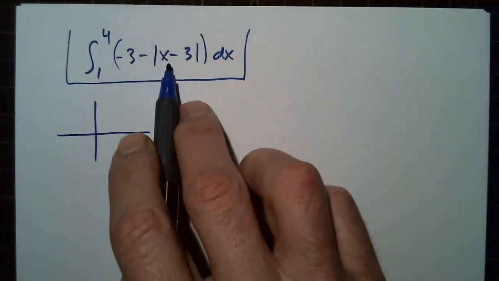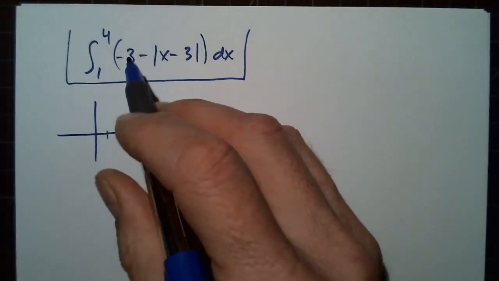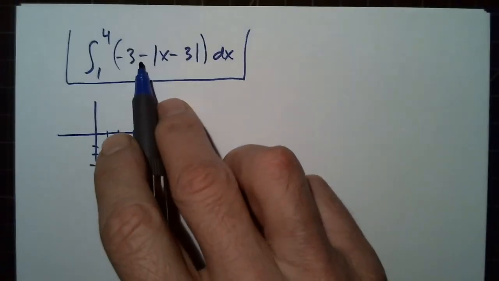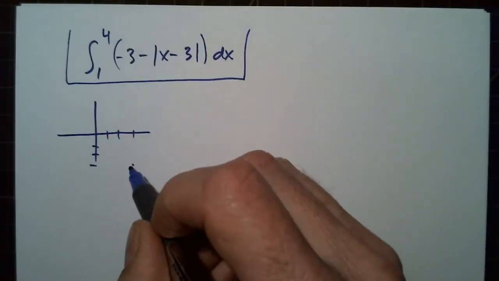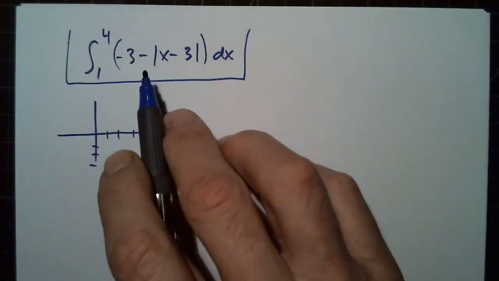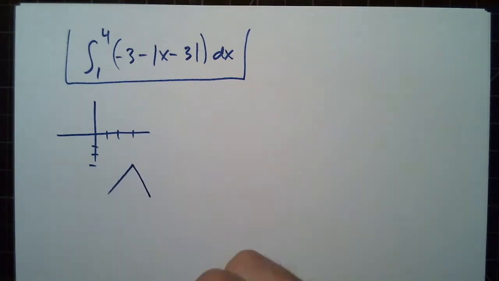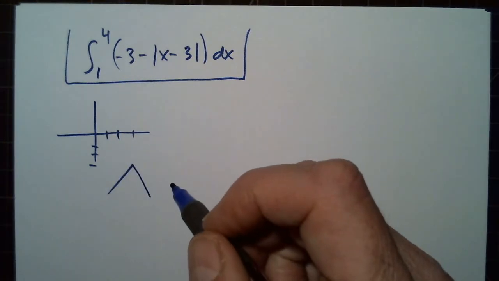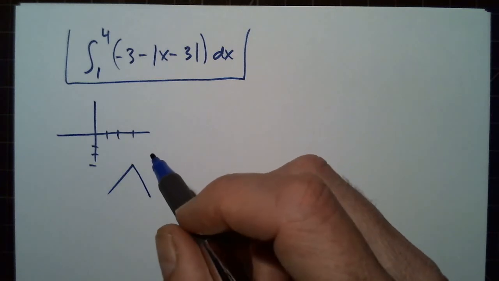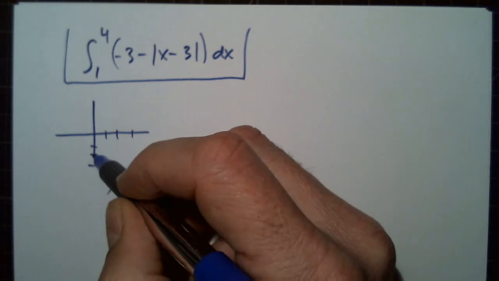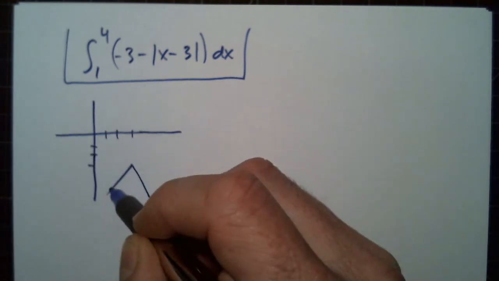So we see that it's shifted right and down. There's the vertex, and it's reflected down because of the negative here. We want to find the area between the graph and the x-axis.